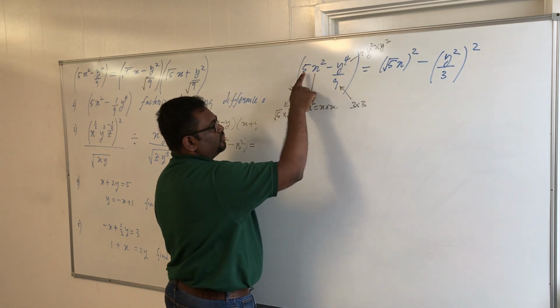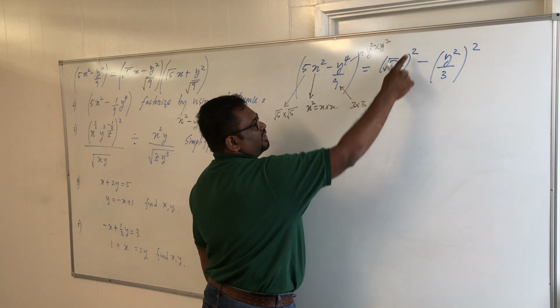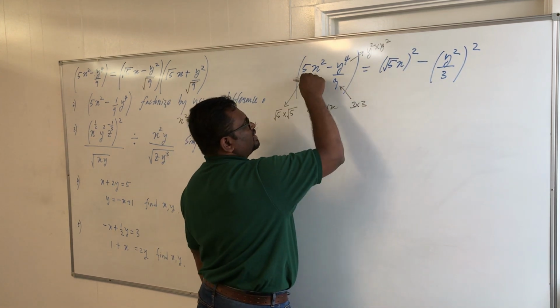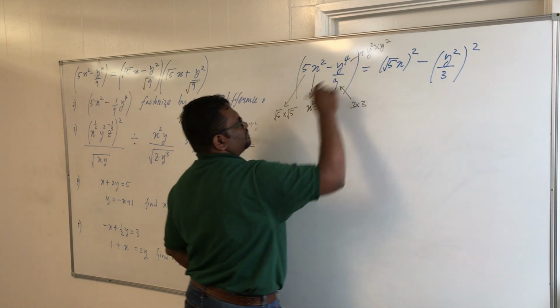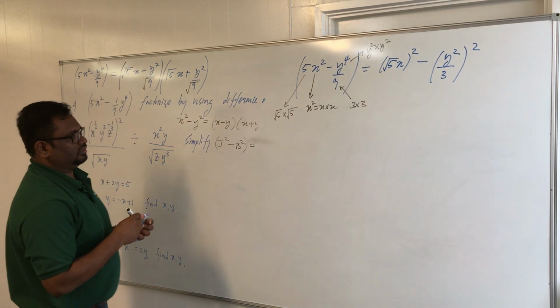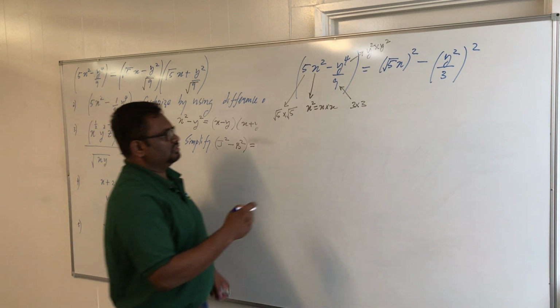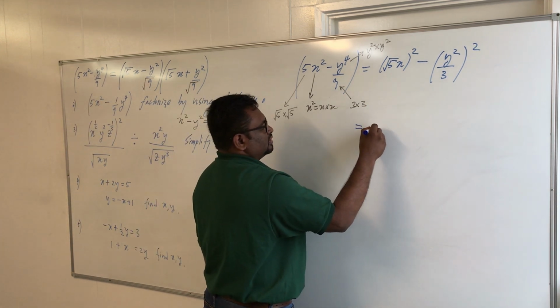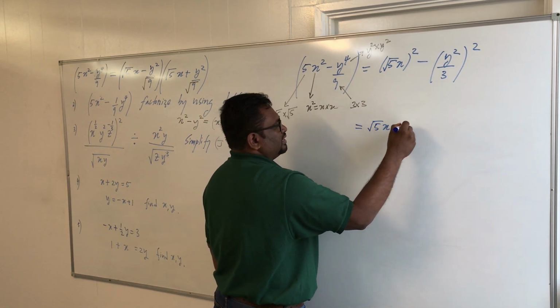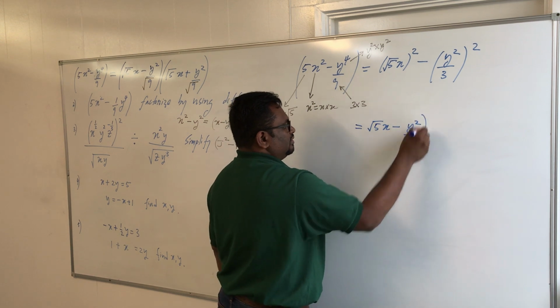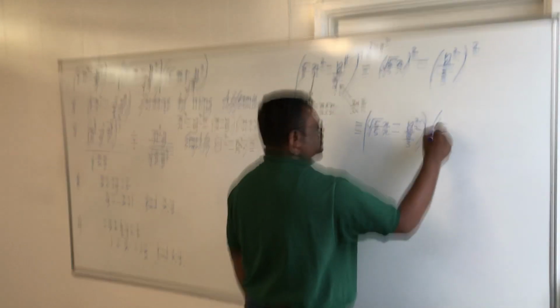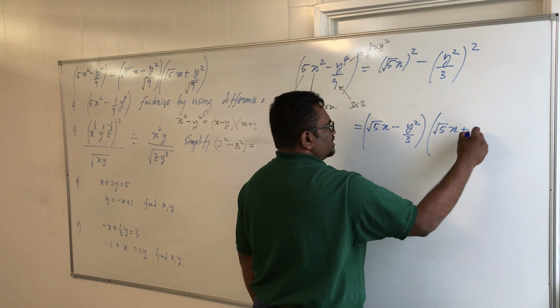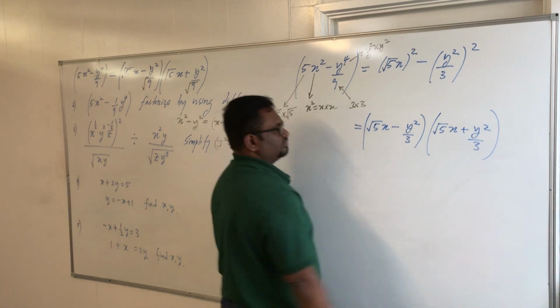So that's why I took this square root 5x. Once you simplify this, you get this. Once you simplify this, you get this. Okay, so now this is equal to square root 5x minus y squared divided by 3, then you have square root 5x plus y squared divided by 3. That's the answer.